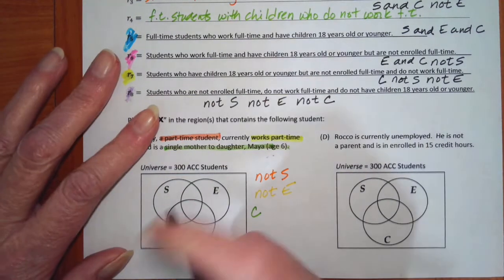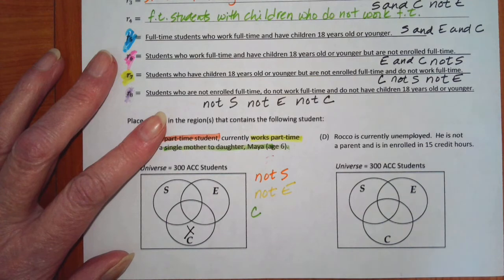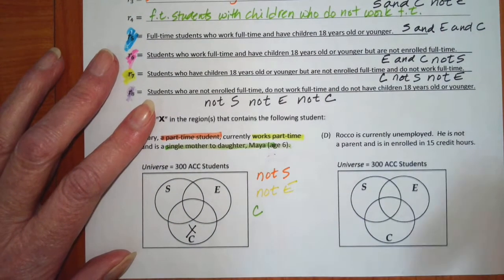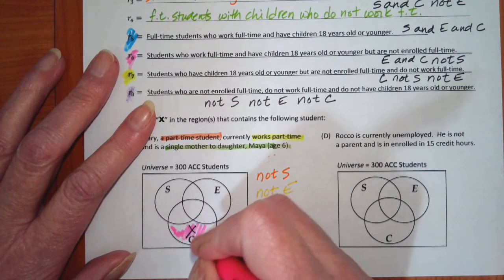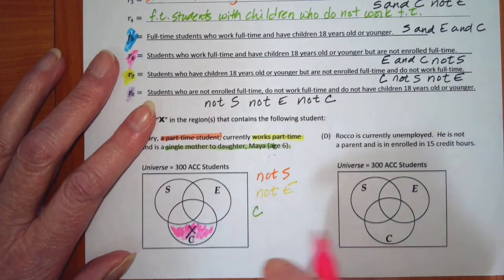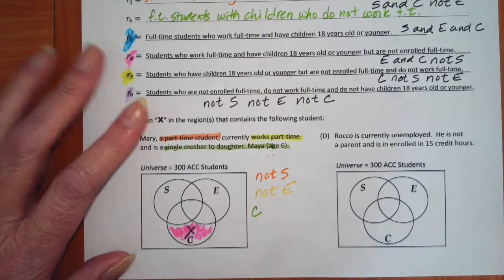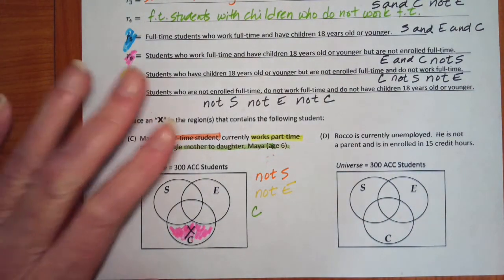So that is our region here, where she is just C. Okay, so this is inside the circle C, but it does not overlap with either of the other circles.